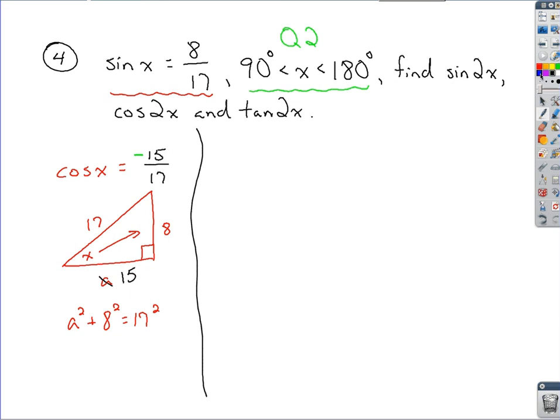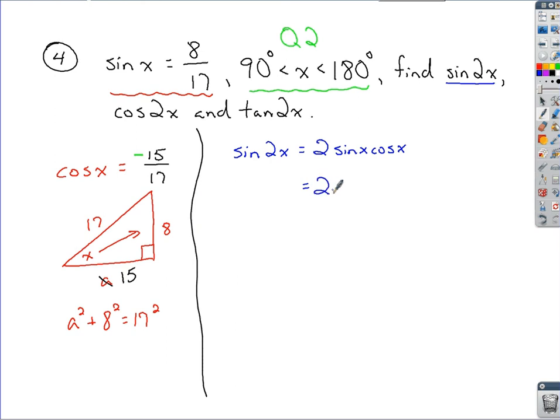Let's start with the sine of 2x. The sine of 2x, that formula is 2 sine of x, cosine of x. Trying to find the sine of 2x, I must plug in sine of x and cosine of x and multiply to 2.